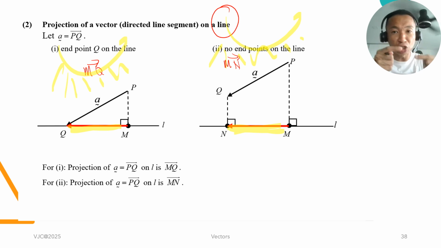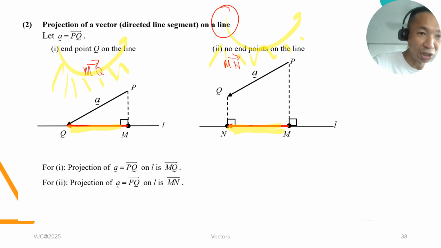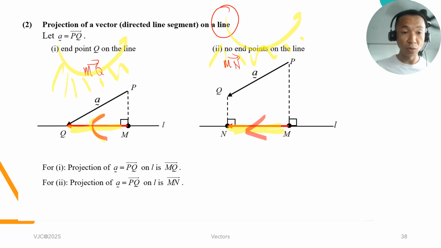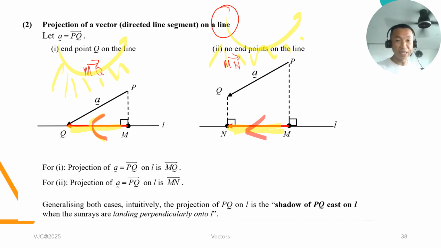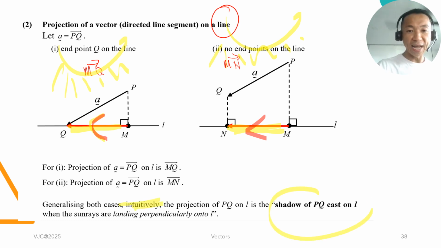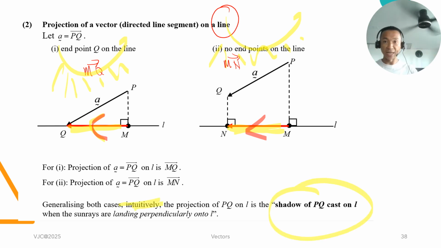And the direction of the shadow follows the direction of the original object. So I put it down in words, generally speaking. Intuitively, it is just casting the shadow of PQ down on L, where the sun rays are landing perpendicularly.